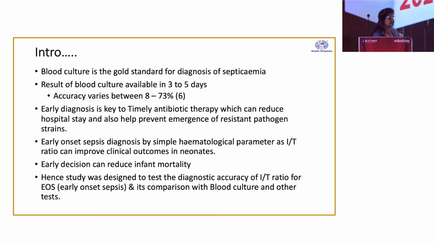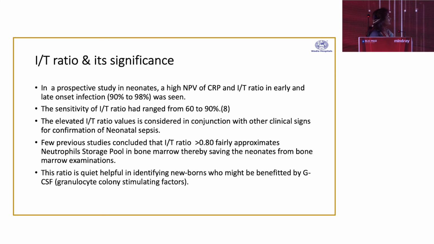Hence, the study was designed to test the diagnostic accuracy of the IT ratio for early onset sepsis and its comparison with blood culture and other tests. This was a prospective study. I got the request in June and I did this in July, a 1 month study.